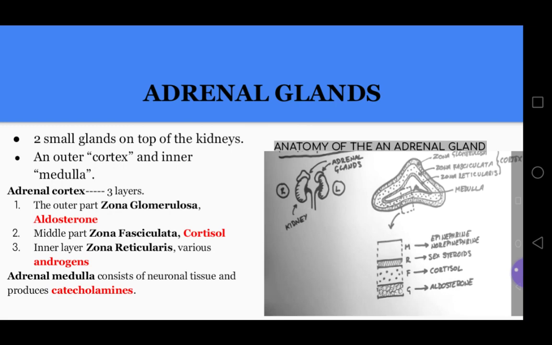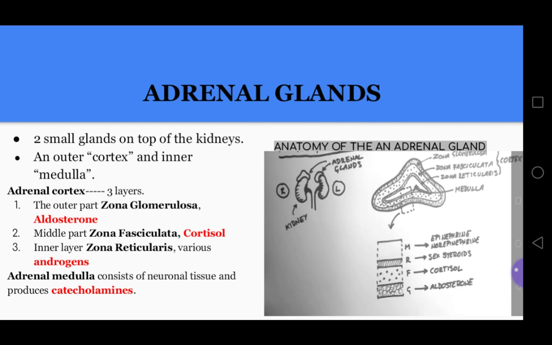Now coming to adrenal glands, these are two small glands on top of the kidneys. Each adrenal gland consists of an outer cortex and inner medulla. The adrenal cortex has three layers. The outer part is called zona glomerulosa and it secretes aldosterone.